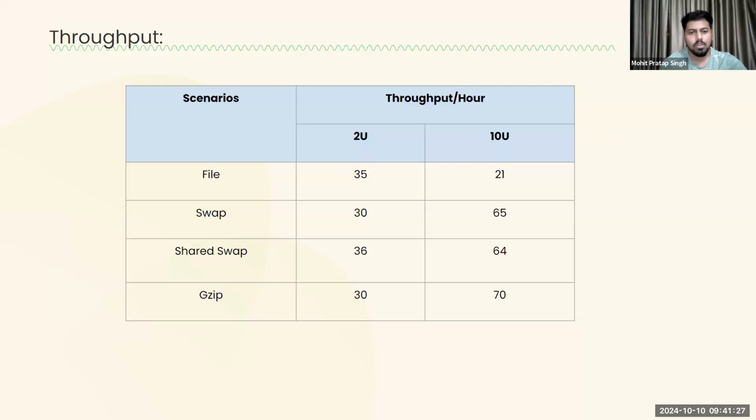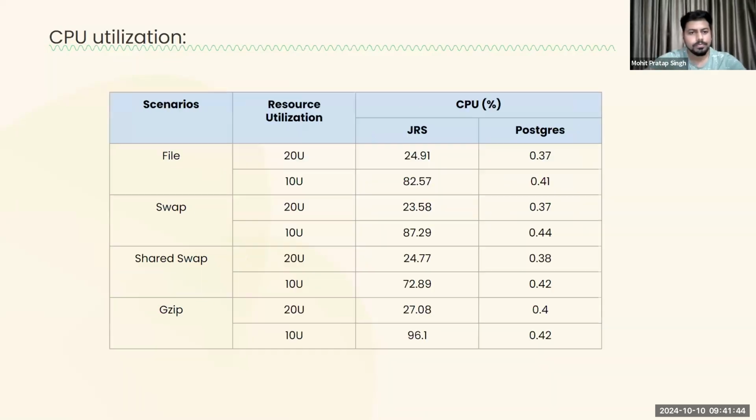Here, as the concurrency is only 10 users, and we are giving a large size machine to JRS, it was able to generate using the memory consumption of the gzip virtualizer, while swap and shared also performed well. Talking about the CPU utilization, you can see that gzip has 96% utilization for 10 users, while shared and swap are on the lower end.